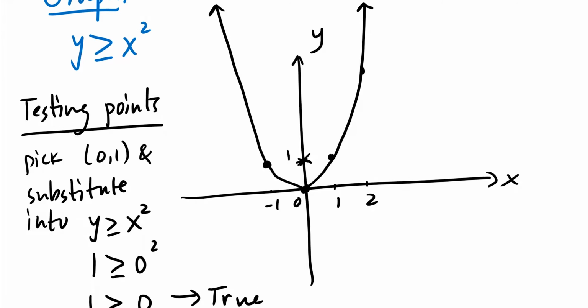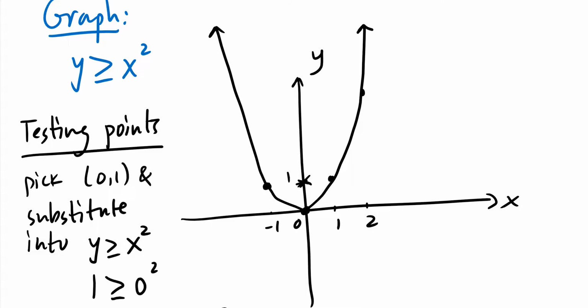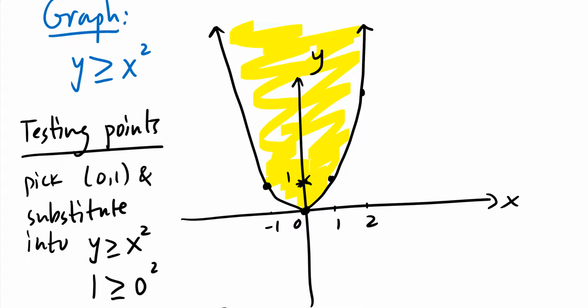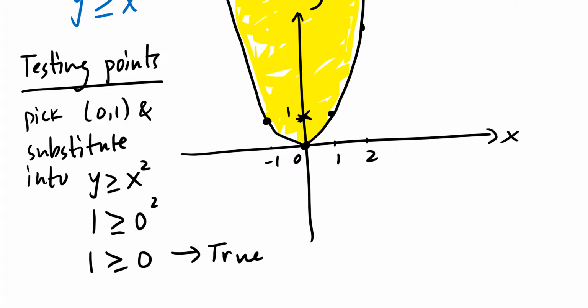So the region that contains that point is a true region, which means it's the region that I must shade. So it's this region, the region above the parabola. That's called a testing point. If you happen to take a point below that graph, let's say (1, 0), it's going to give us a false result.